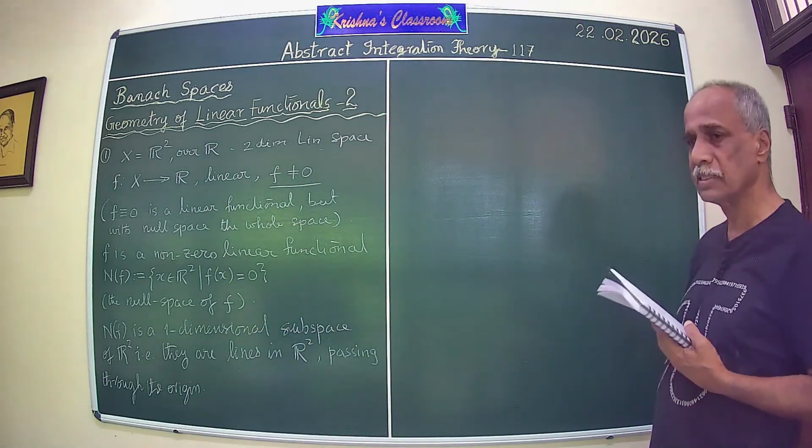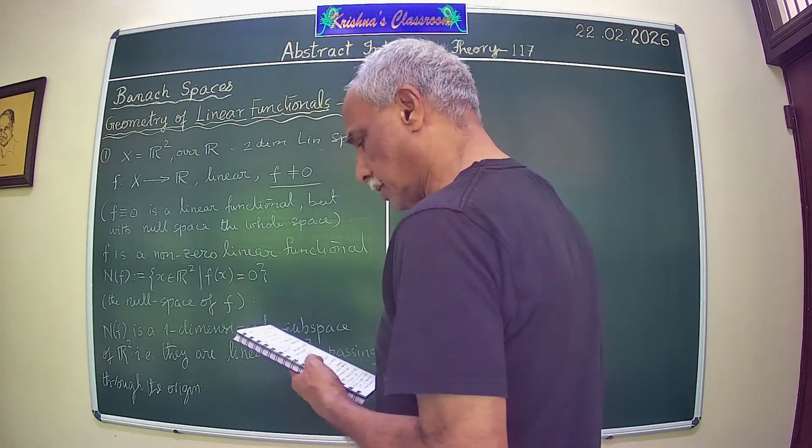So N_f is a line that passes through the origin.